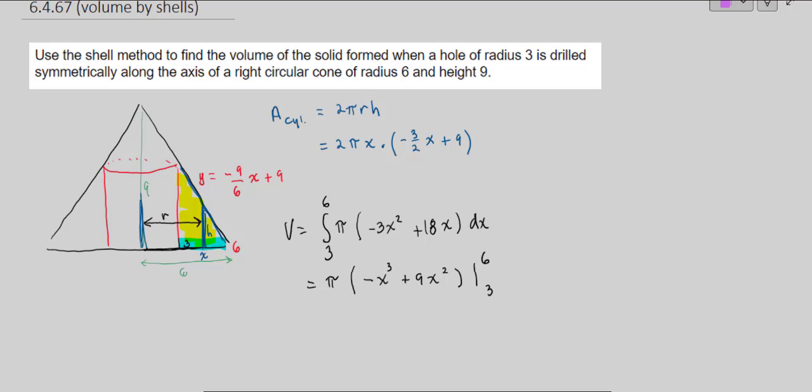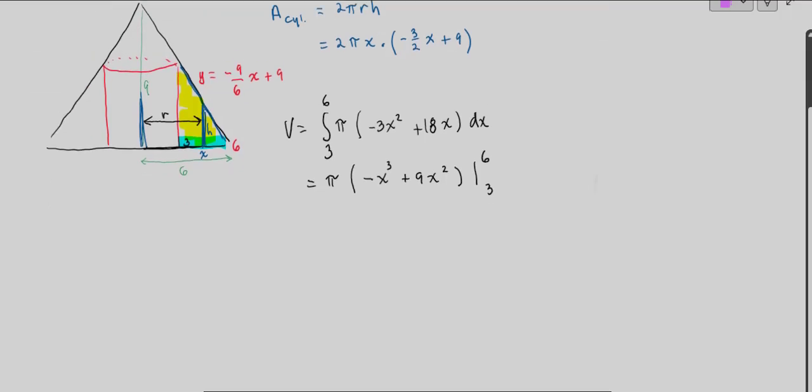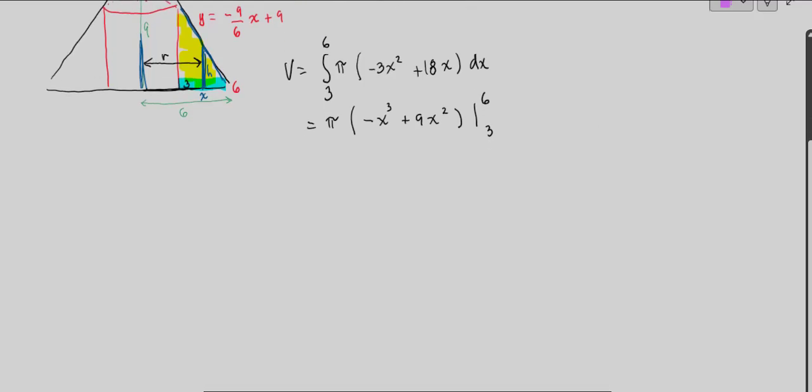So now we're going to do our substitution. Let's get the limits of integration plugged in there. So we're going to have pi times, we plug in 6 there, minus 216, plus 36 times 9, 324. And then we subtract off, but we're subtracting a negative right there.